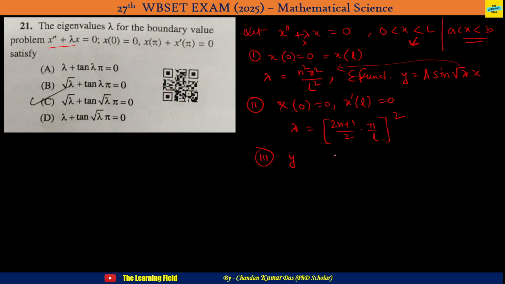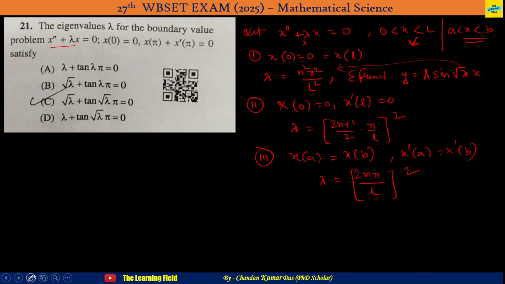So if x of a equal to x of b and x dash a equal to x dash b format is given, then the lambda is given by 2n pi by L whole square. And in all the cases the eigenfunction is given by a sine root lambda x, where lambda is defined by this.